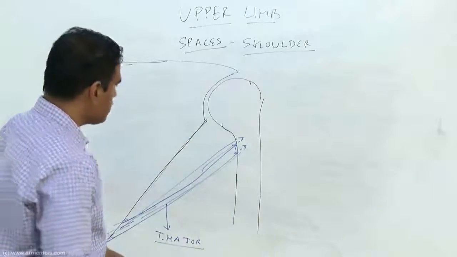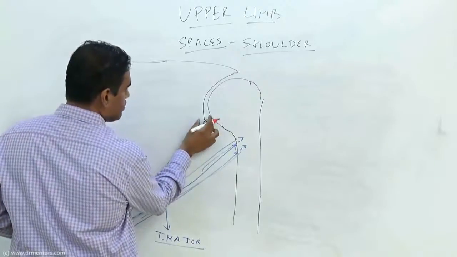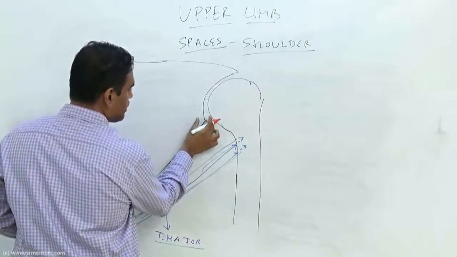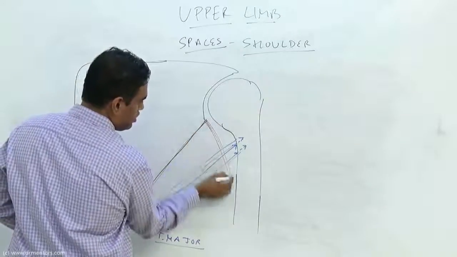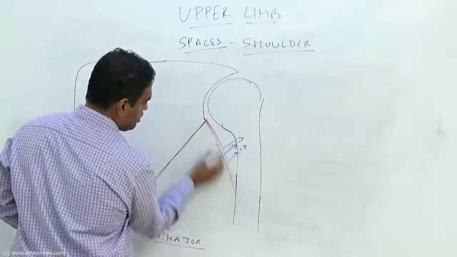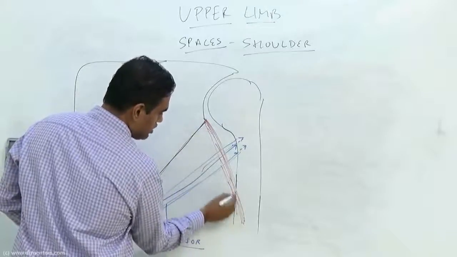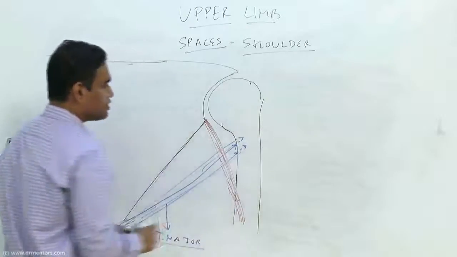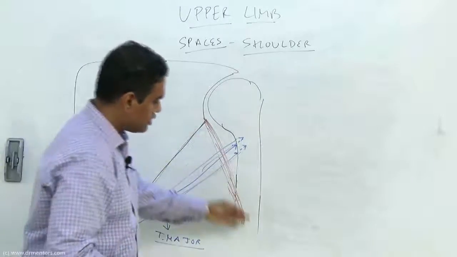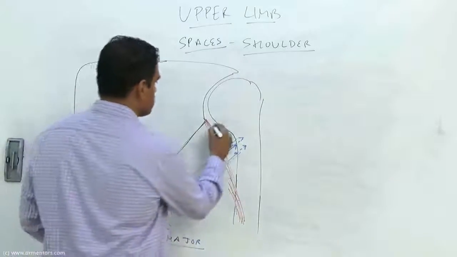If we make it a different red color, then this muscle was the tendon of the long head of triceps. It will go where? It will go into the back of the humerus. From there, at the back of the humerus, it will merge with the lateral and medial heads of triceps, and they all will insert into the ulna.